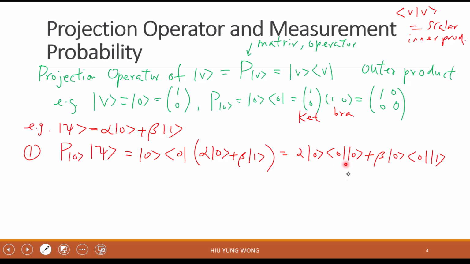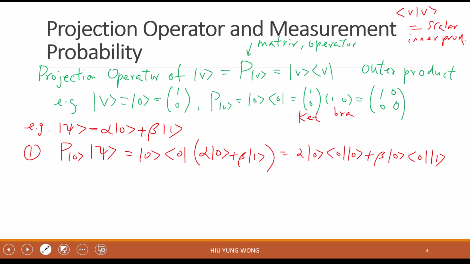What is 0? Look at this, it is the outer product of 0, right? But then you multiply by a cat. So let me first do this operation. What is this operation? Someone just say something. Inner product, right? Because this is the bra, this is the bra, and this is the cat.